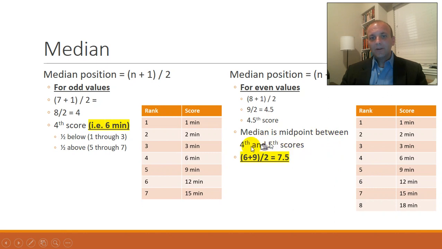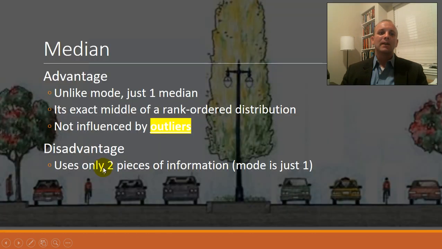And the median's between the 4th and 5th scores. So it's between 6 and 9. What you do there is add those two together, divide by 2, and 7.5 is your median for even values, okay? When your rank order is of even values, it's going to be between that, okay? And that's how you're going to do the computation for that, all right?